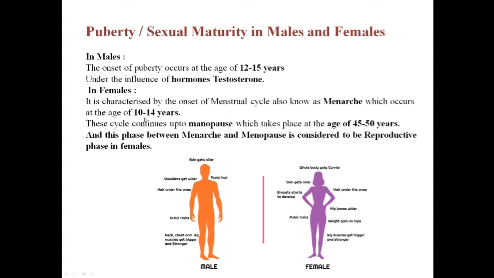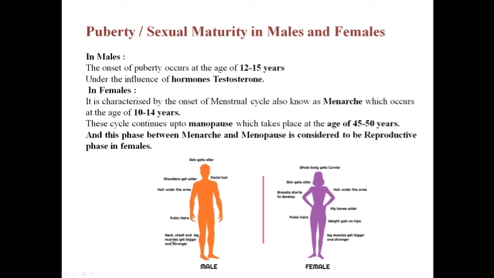You can see there are some secondary sexual characters that appear, like the shoulders get wider, there is enlargement of the larynx, that is the Adam's apple. There is facial hair, that is the mustache and the beard seen in males. Pubic hair is seen. Then the males become more muscular, that is the neck, chest and legs.